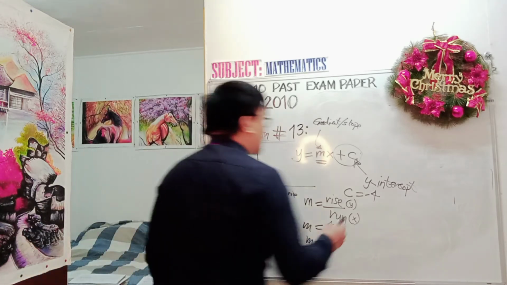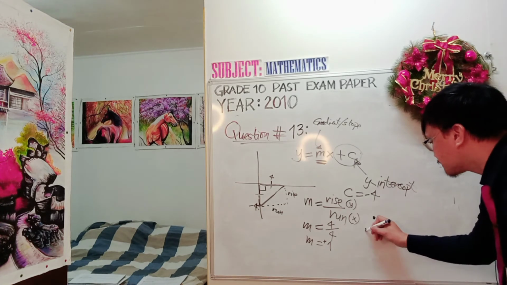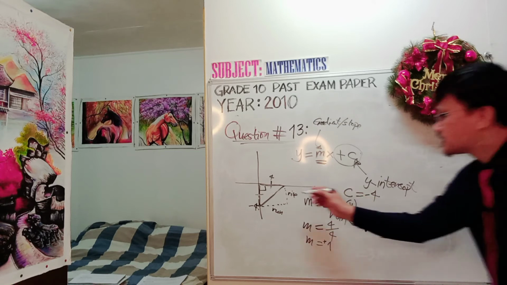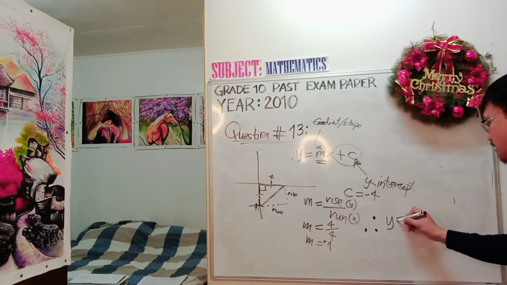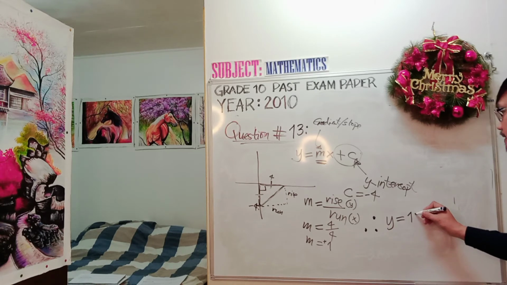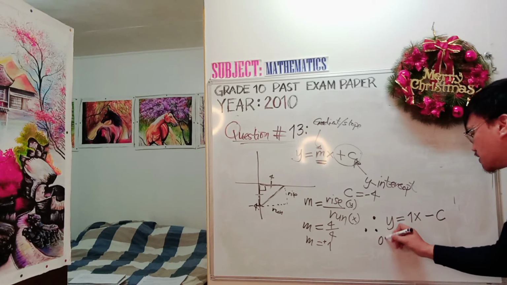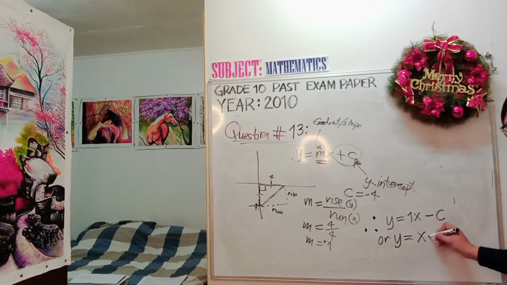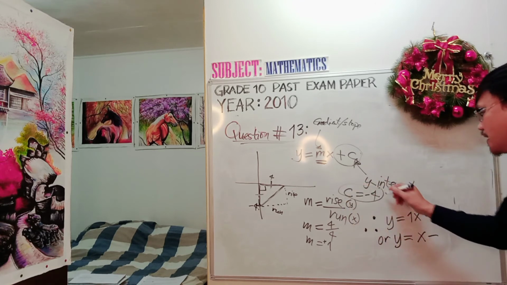So our final answer for the equation of this hypotenuse is y equals 1x minus c, or simply y equals x minus, where c has the value of -4.